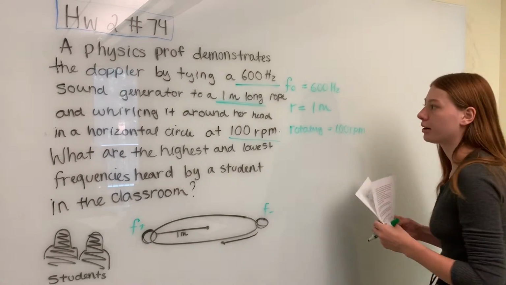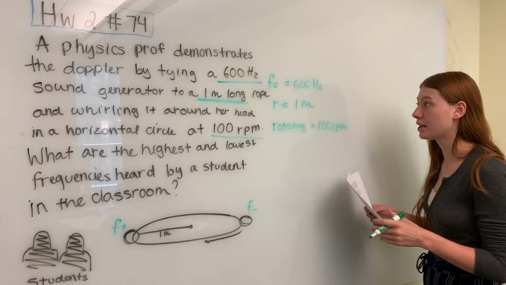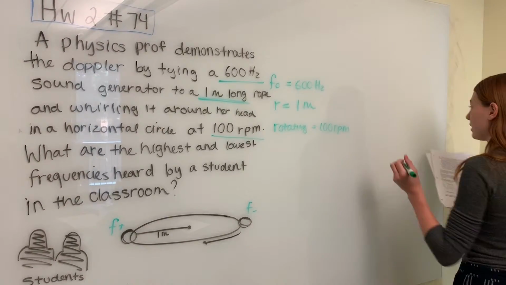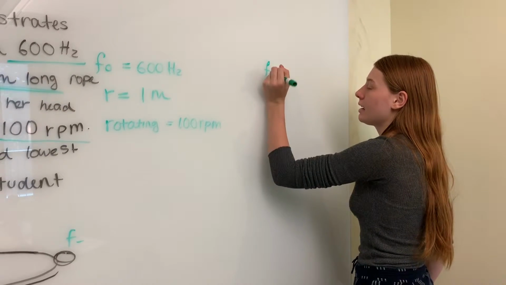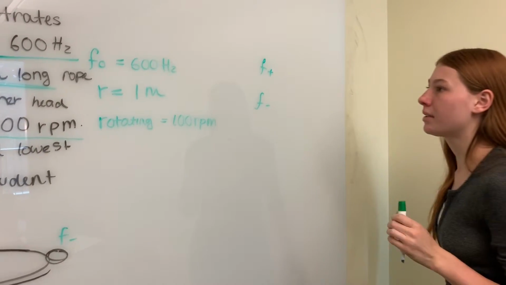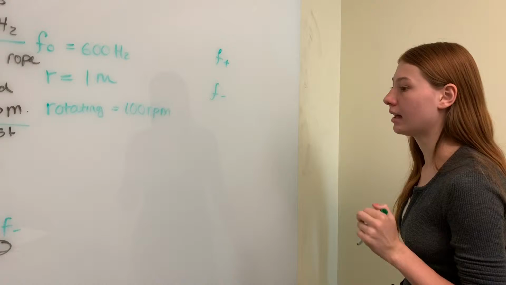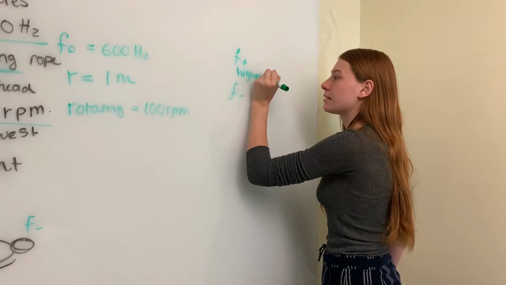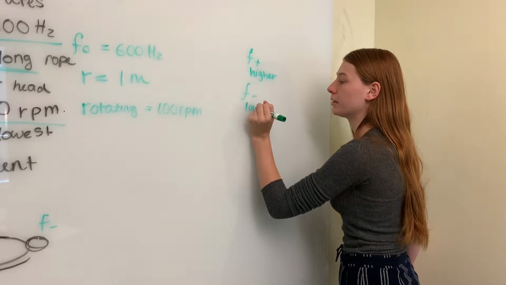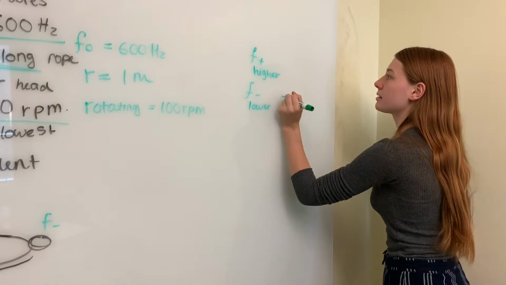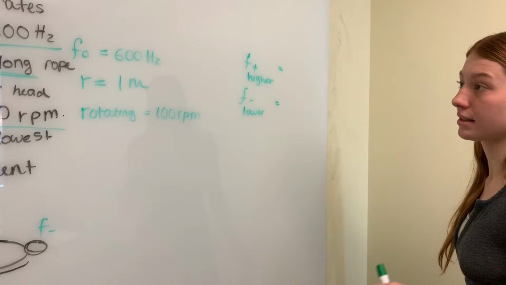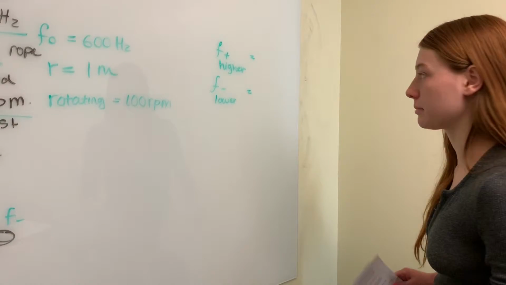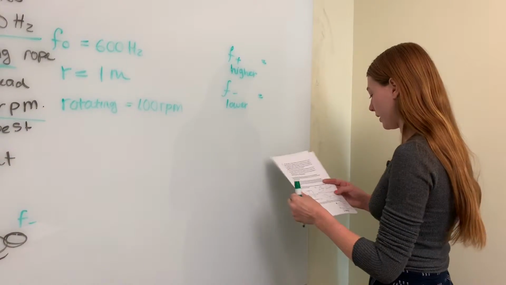So then we'll start by writing out our fundamental equations that we know for the Doppler effect. So that is for F plus and F minus, and we know that F plus is going to be the higher frequency, greater than 600, and F minus is going to be the lower frequency, less than 600. And that means if it's less than 600, it's going to sound deeper, more bass, basically. And then we'll write out our equations.